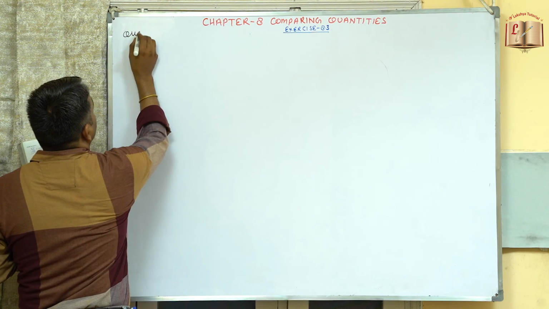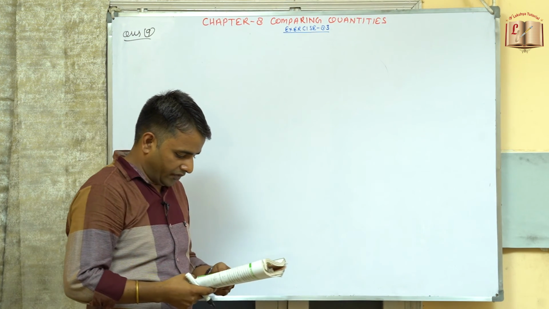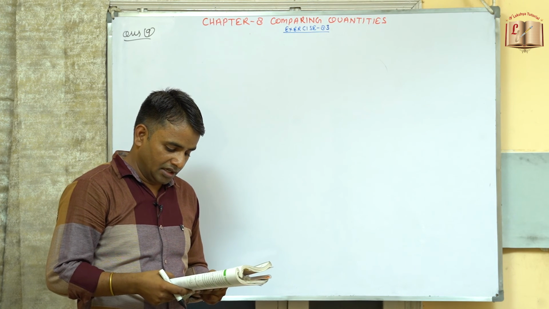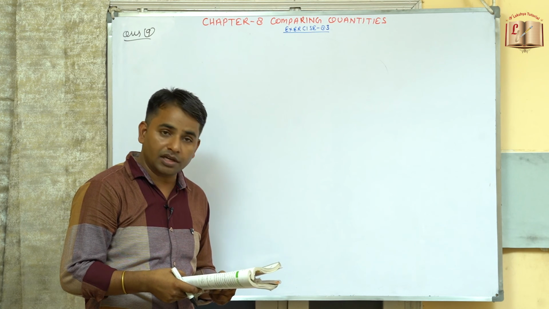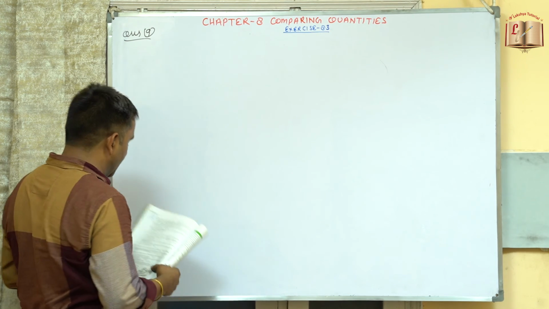Now coming to question number 9. Find the amount which Ram will get on rupees 4096 if he gave it for 18 months at 12 and a half percent per annum, interest being compounded half yearly.